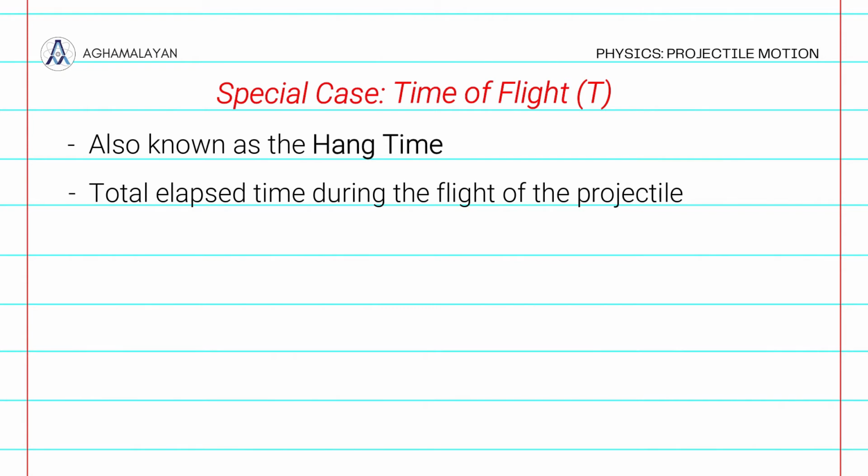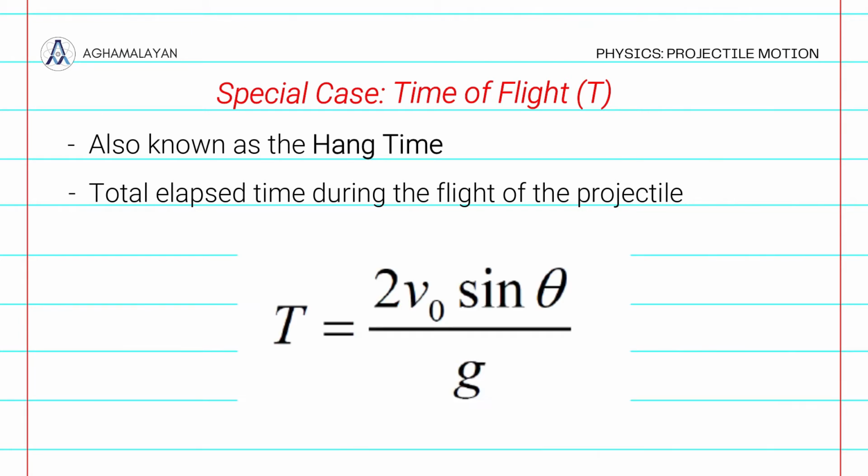Again, assuming that the initial launch point lies on the same level as where the projectile will land, the formula for the time of flight or hang time would be equal to 2 times v naught, the initial velocity, not the initial x velocity, not the initial y velocity, but the initial velocity of the projectile, times sine theta over g. That's the formula for time of flight.